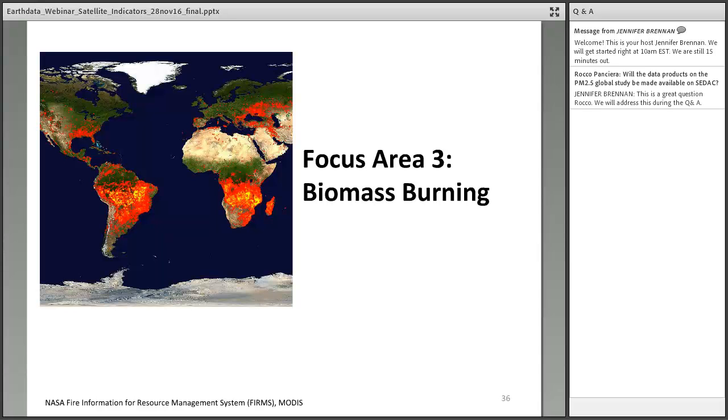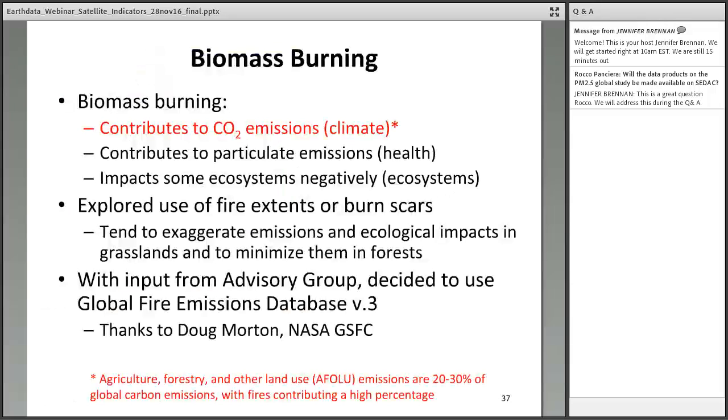So the next area that we looked at was biomass burning, and our main focus was on CO2 emissions. Land use emissions account for roughly 20 to 30% of global carbon emissions, and fires contribute a high percentage of those emissions. We were less directly concerned about health impacts because we felt we'd already captured that with the air quality metric.